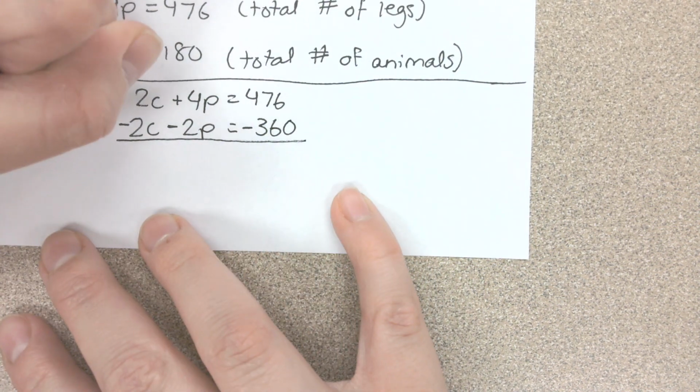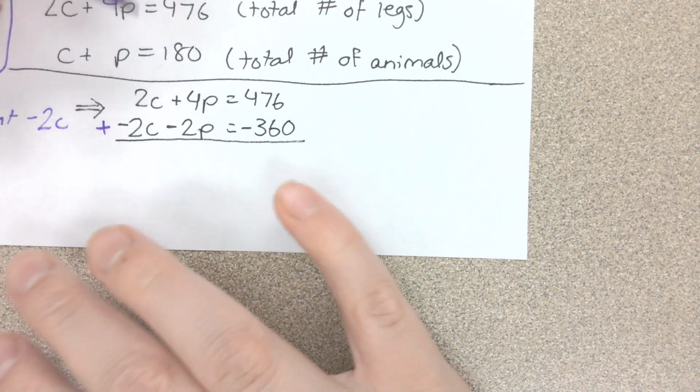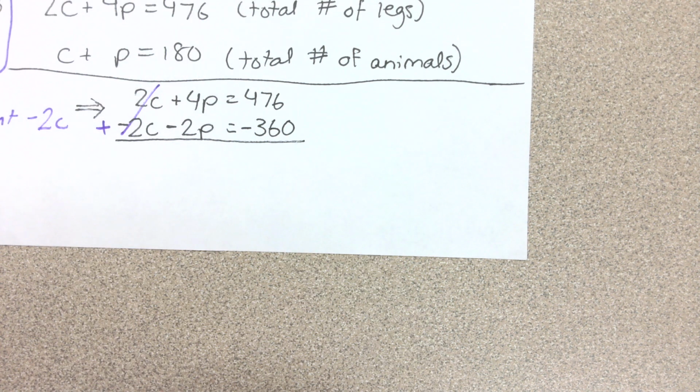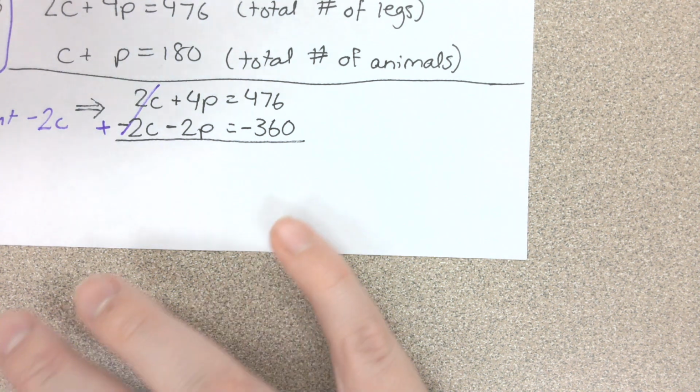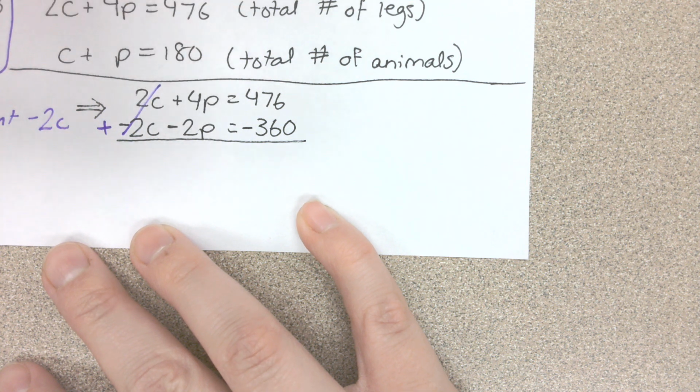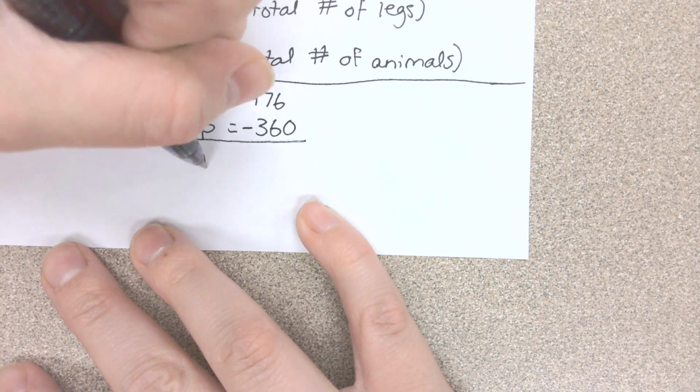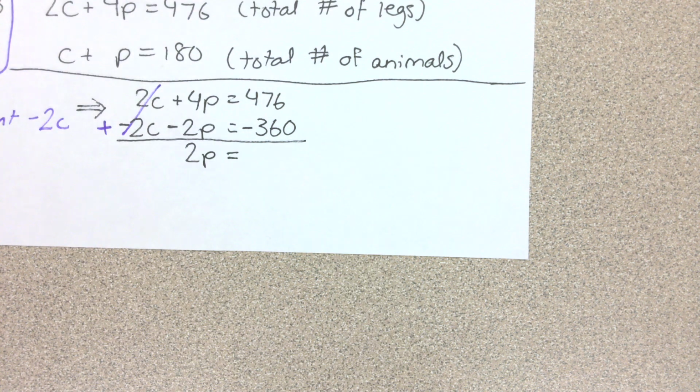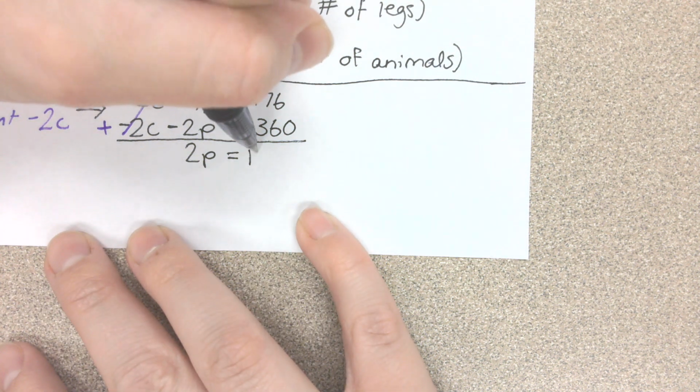Remember, you add the equations. 2C minus 2C, those cancel. I anticipated that. 4P minus 2P, that's a positive 2P, equals 476 minus 360. I just know it's 116, but I just have to check. Yes, positive 116.